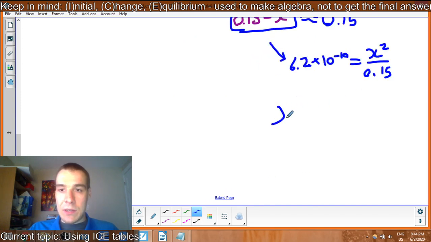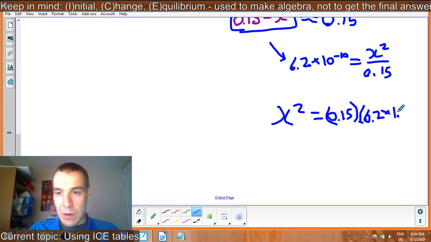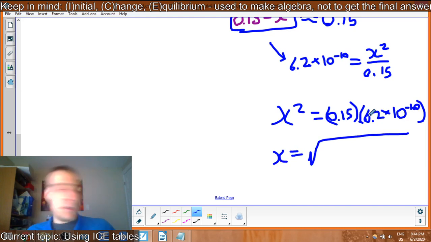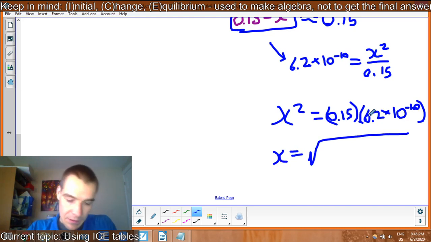And then to rearrange, X squared is going to be 0.15 times 6.2 times 10 to the negative 10, and then X is just going to be the square root of that. What is 0.15 times 6.2 times 10 to the negative 10? It's 9.3 times 10 to the negative 11.